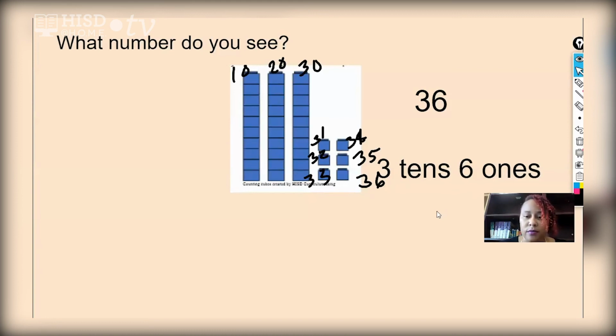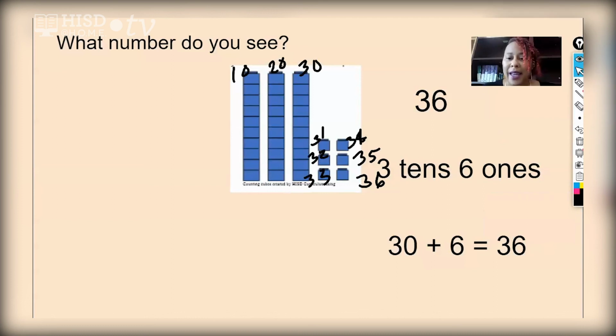Well, if I want to put it in expanded form, how much is 3 tens? 3 tens is 30 plus 6 ones is 6. So 3 tens and 6 ones gives me 36.